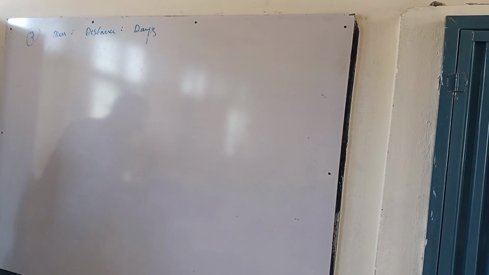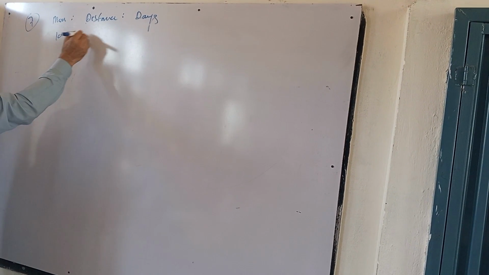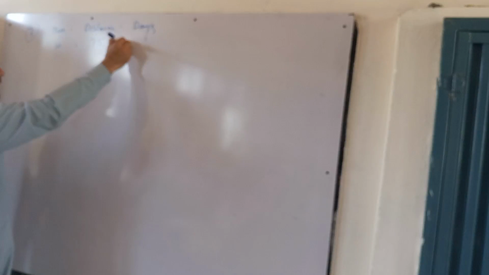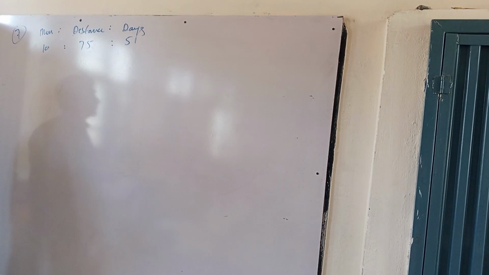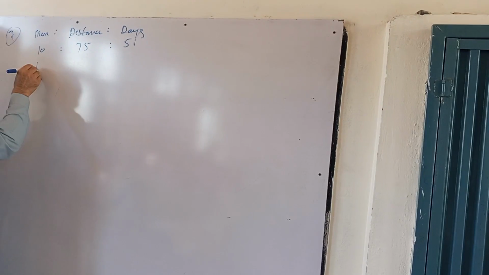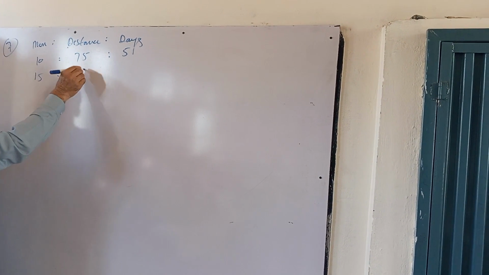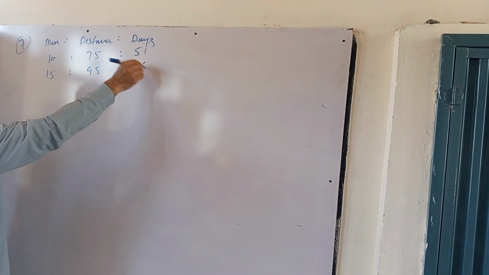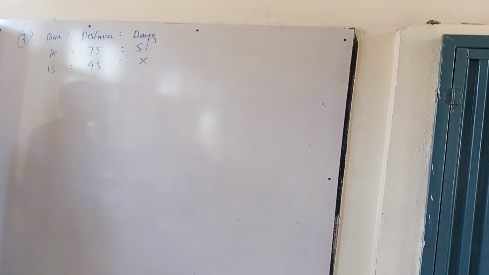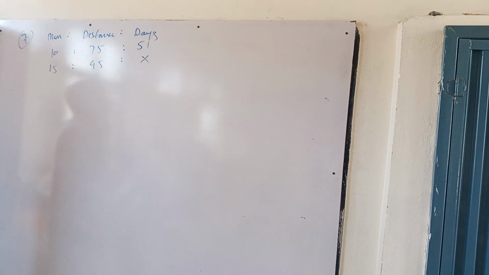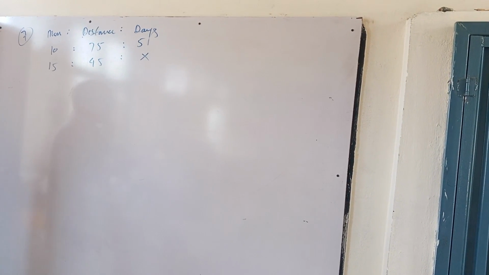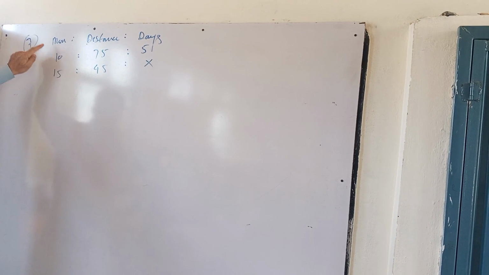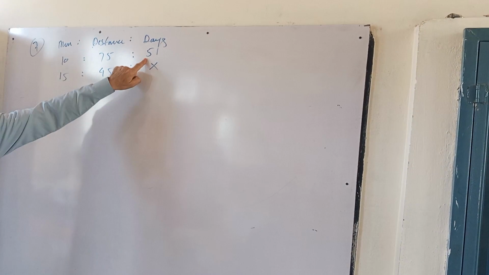So men are 10, distance is 75 kilometers and the days are 5. Now if the men are increased to 15 and the distance is decreased to 45 kilometers, then how many days will be required to construct a 45 kilometer long road by 15 men?